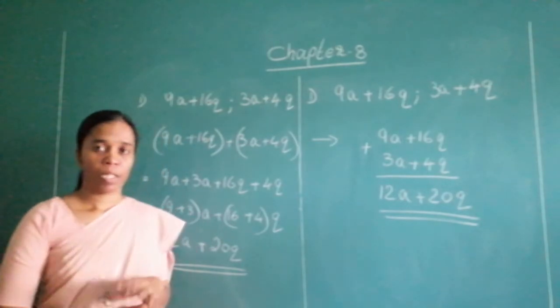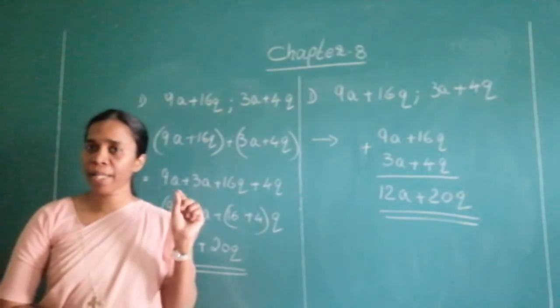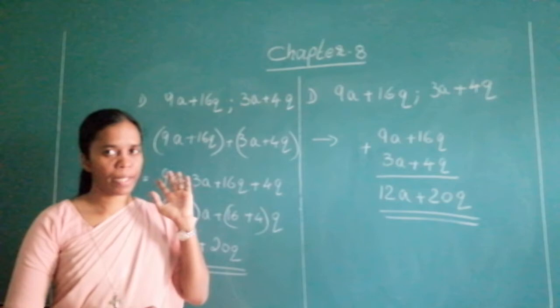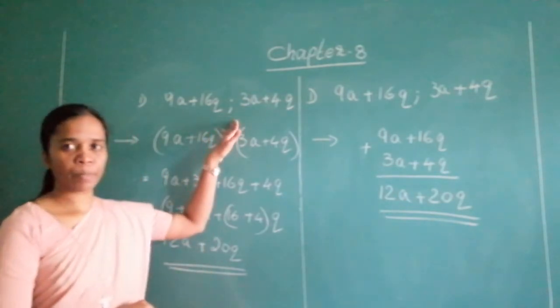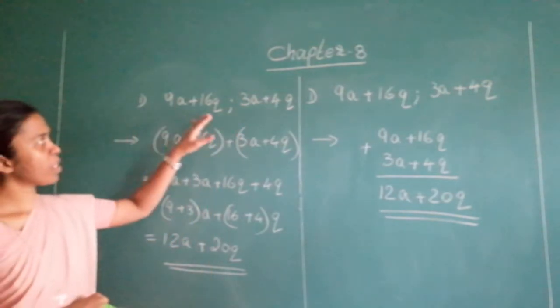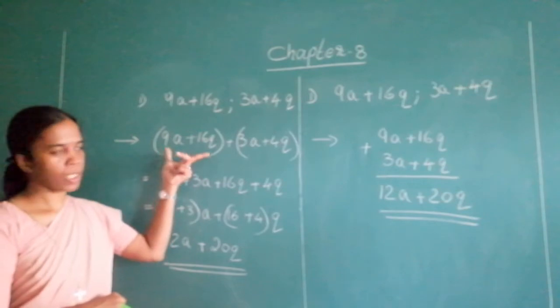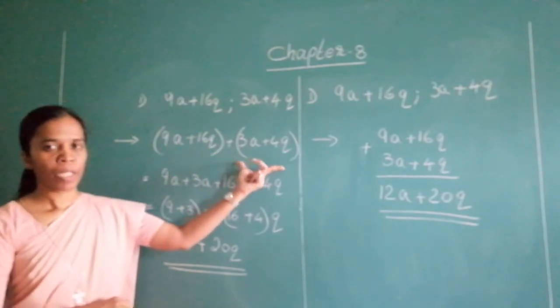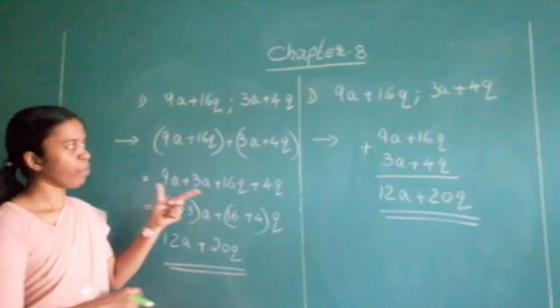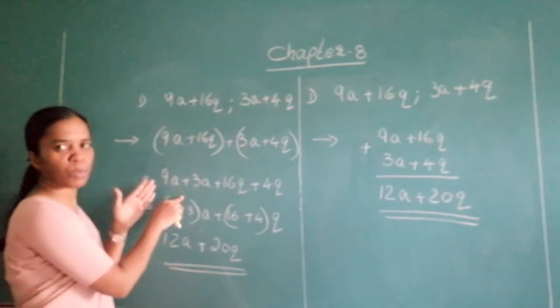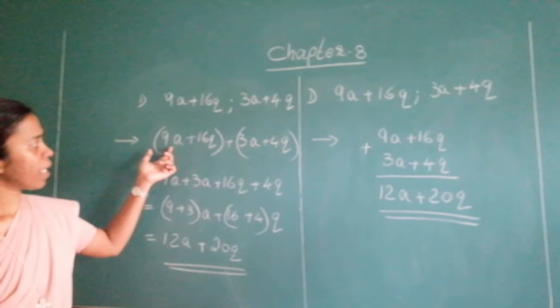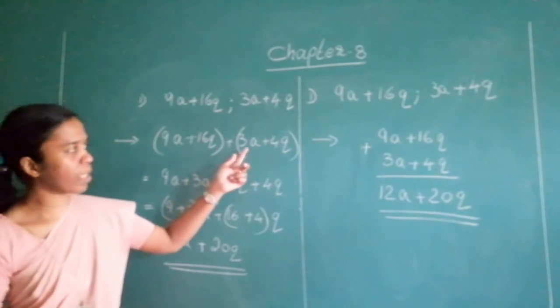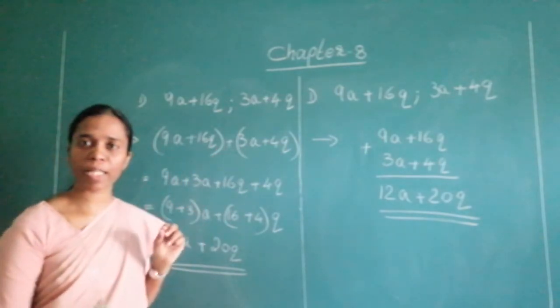Now please remember, only like terms we can add. So first you put the first binomial in the bracket plus the second binomial. In the next step, we bring the like terms together. If you look at it, 9a and 3a are both like terms.